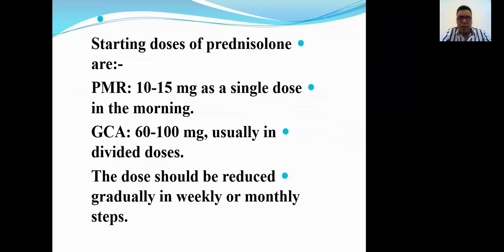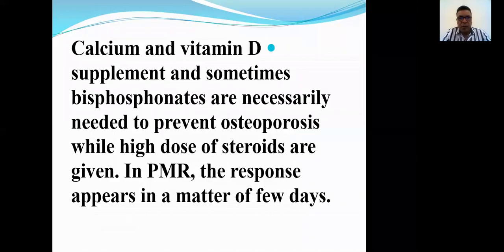Usually for polymyalgia rheumatica we start with 10 to 15 milligrams as a single dose in the morning, while in giant cell arteritis we need 60 to 100 milligrams, usually in divided doses. Okay, because of the side effects of steroids, sometimes we may need to give them a supplement of calcium and vitamin D. As you know, steroids are the main drug that may result in osteoporosis.